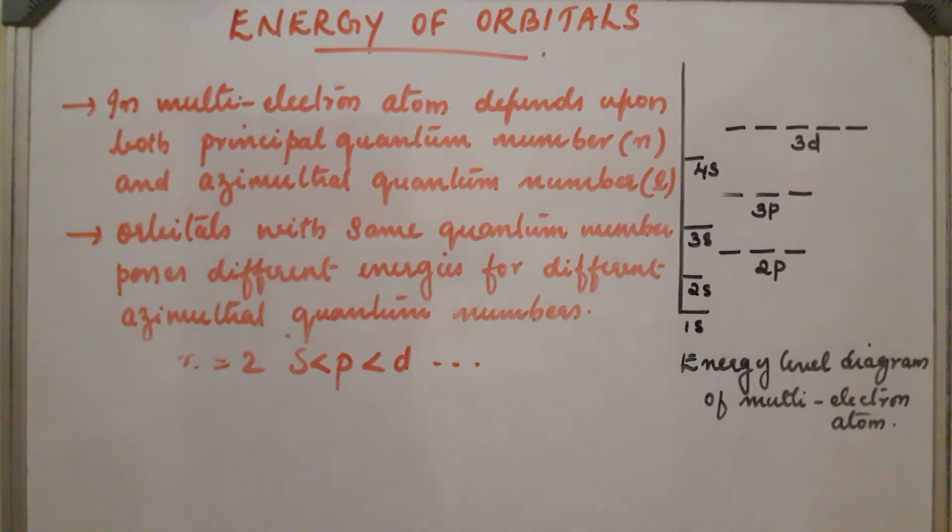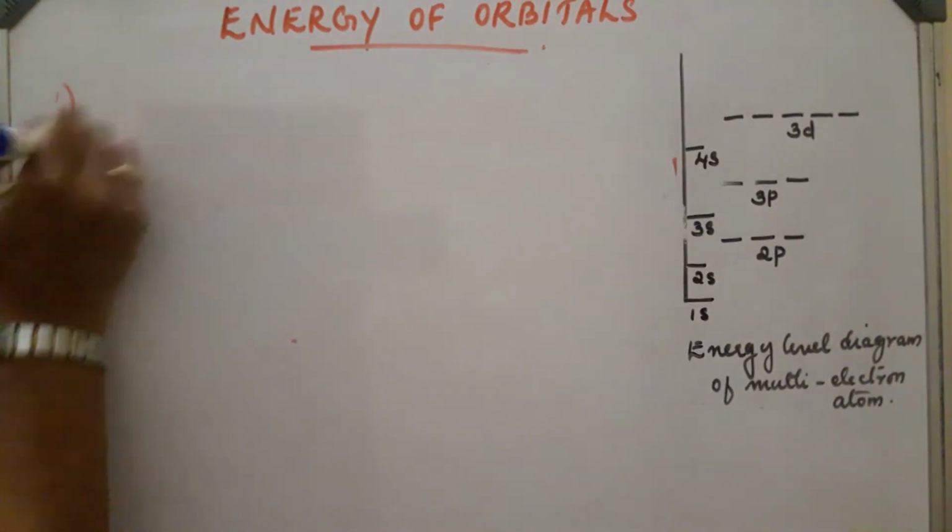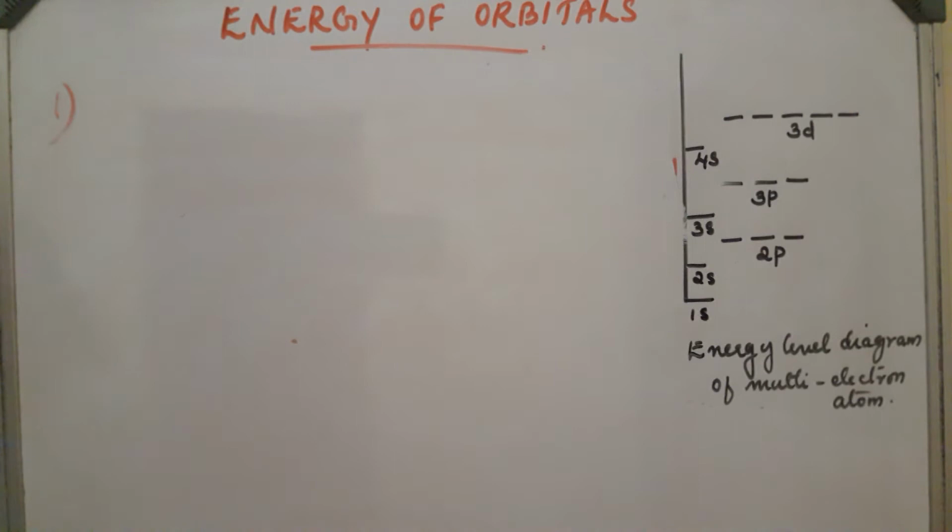Now we are discussing the different factors which determine the energy of orbitals in the case of a multi-electron atom. Let us discuss one by one. First point: in multi-electron atoms, more electrons are present.